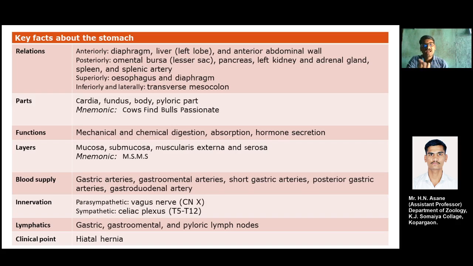Posteriorly, the omental bursa, that is the lesser sac, is present.